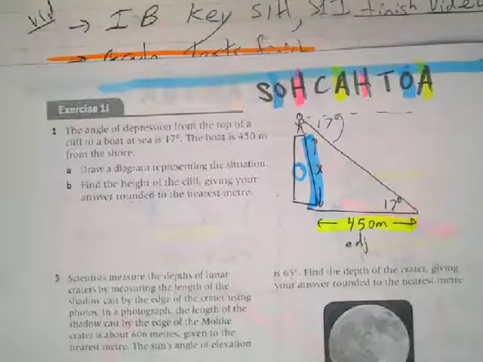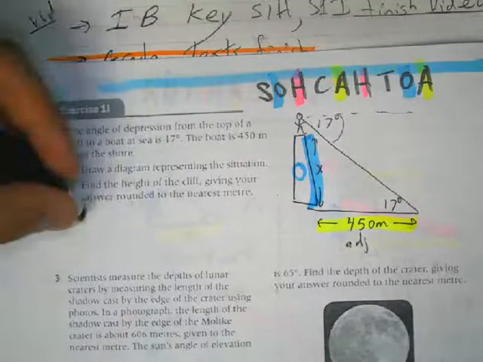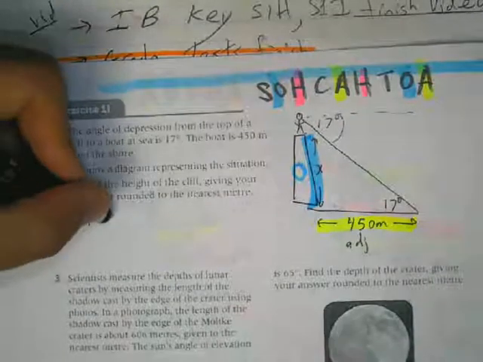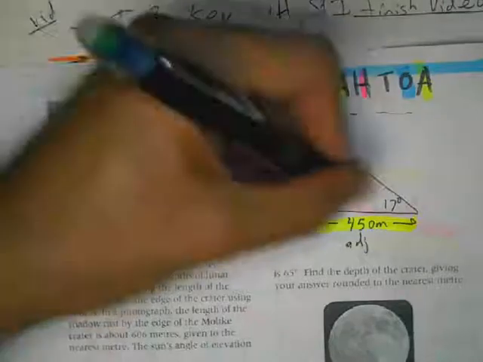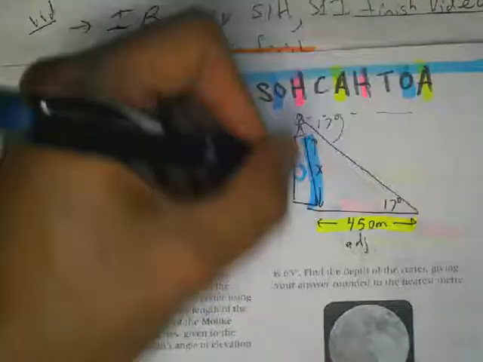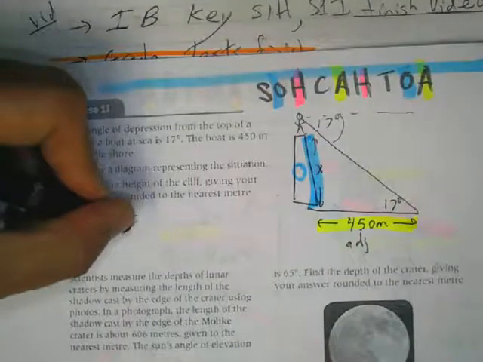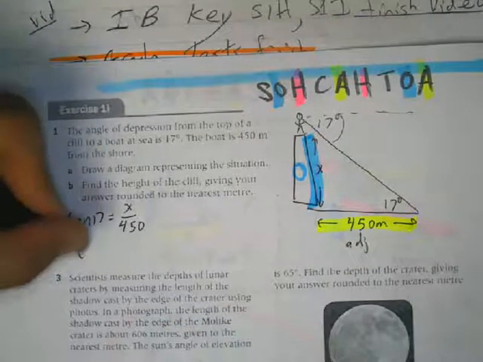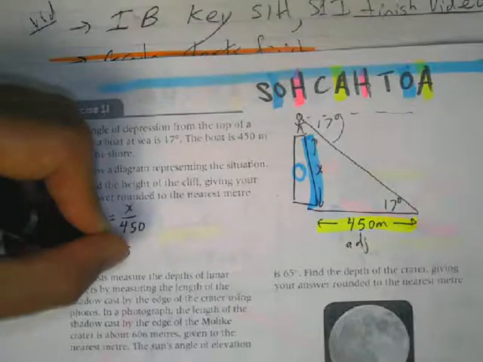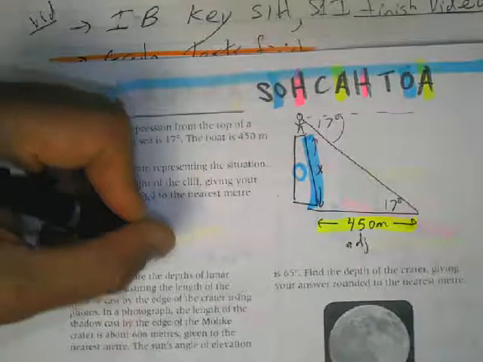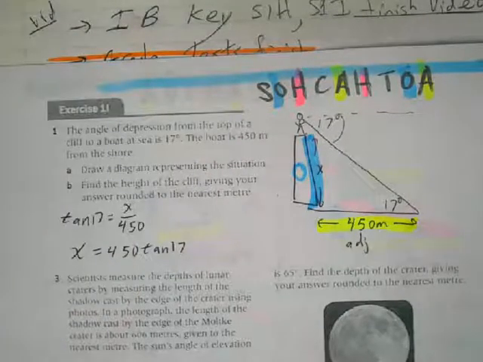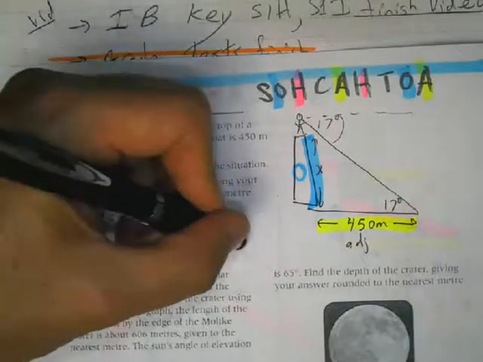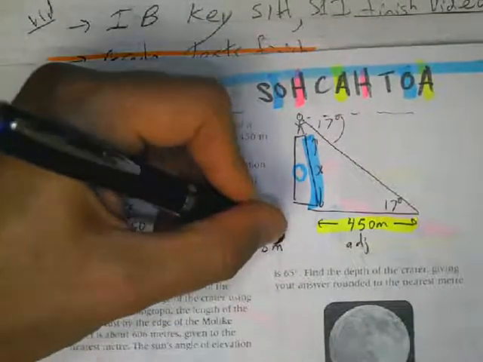So I'm going to be using tangent. Tangent of 17 is equal to x over 450. I can multiply 450 on both sides. x equals 450 tangent 17. And then we put that in our calculator, and we get x equals 138 meters.